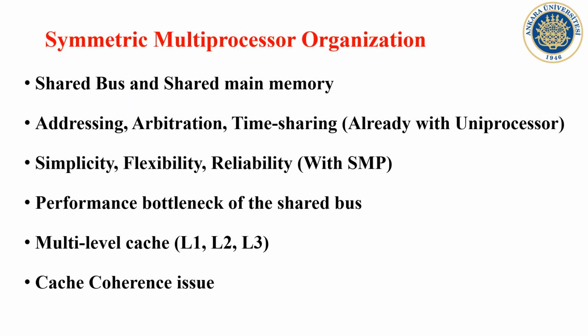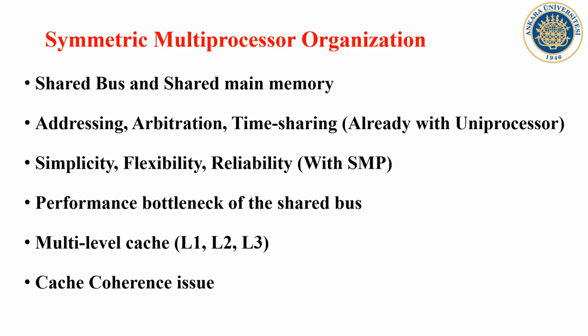This symmetric multiprocessor organization illustrated in the previous figure is built using a bus-based architecture. When a single processor system is used, the bus architecture provides addressing, arbitration, and time sharing.